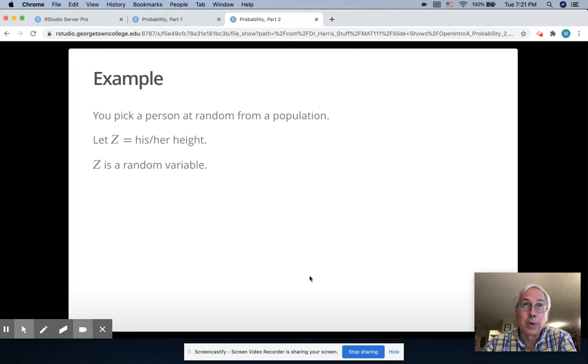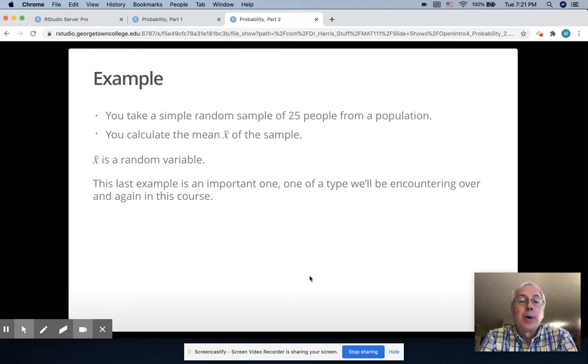And the last example we're going to introduce at this moment is a pretty important one because it helps us focus on the study of statistics a little bit later on in the course. Suppose that you took a random sample of 25 people. Maybe you're measuring their heights, but you're taking some numerical measurement from these 25 people, and you calculate the mean response of those 25 individuals. Because you didn't know which 25 individuals you were going to pick ahead of time, that's your random process: picking the 25 people, gathering a number from each of them, and then calculating the mean of those 25 numbers.